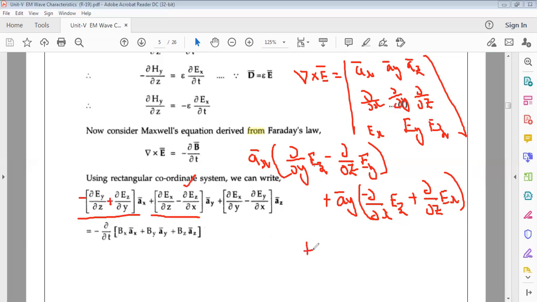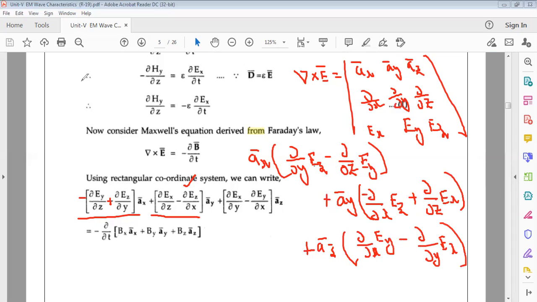And the third term, az bar, is multiplied by the coefficient. These four terms, dou by dou x of ey minus dou by dou y of ex.